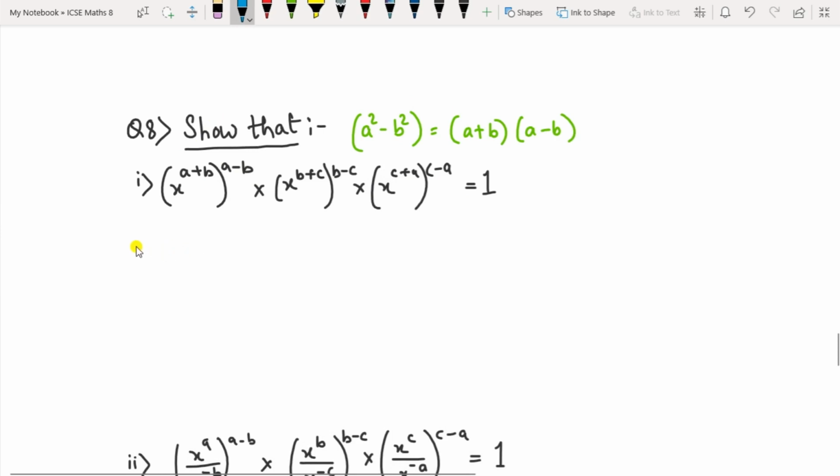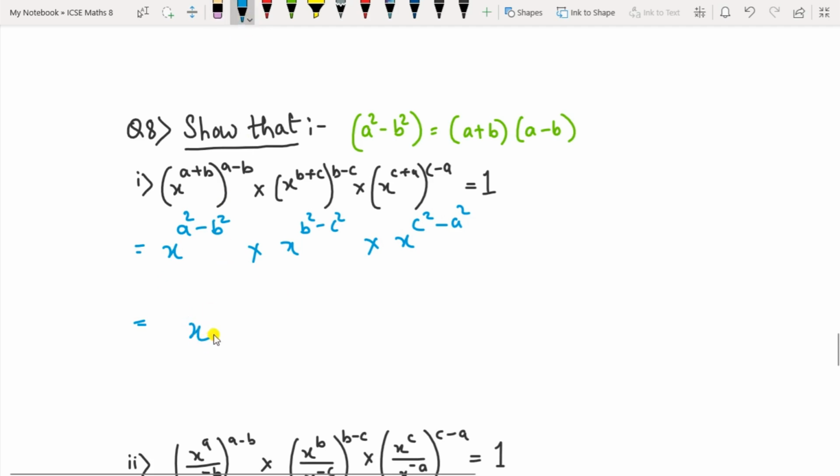So this becomes now x raised to a square minus b square into x raised to b square minus c square into x raised to c square minus a square. So now add, since the base is the same here, x, you have to add the power.